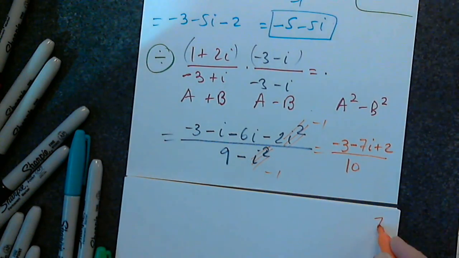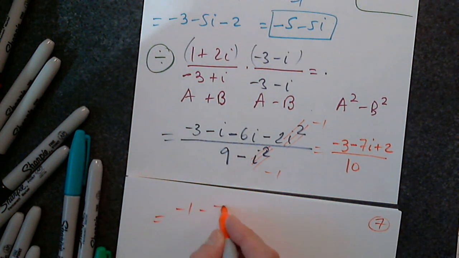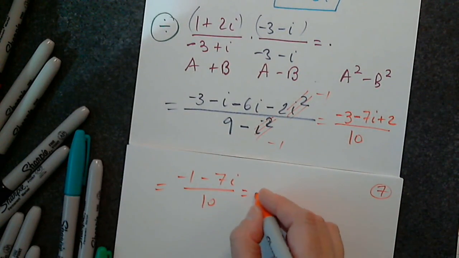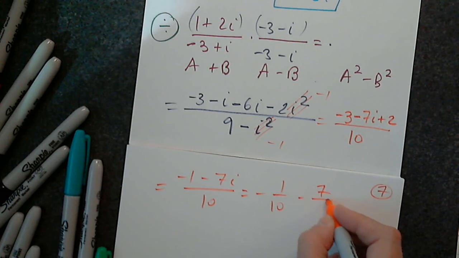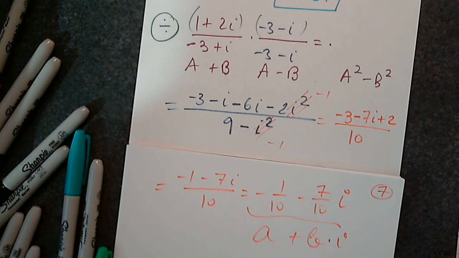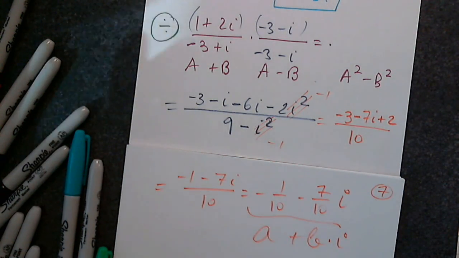Negative 3 plus 2. Negative 1 minus 7i over 10. And we have no choice. We have to separate the real part from the imaginary part. So this is again a plus b times i. So it's a little bit more complicated to divide complex numbers. Slightly more complicated, right?